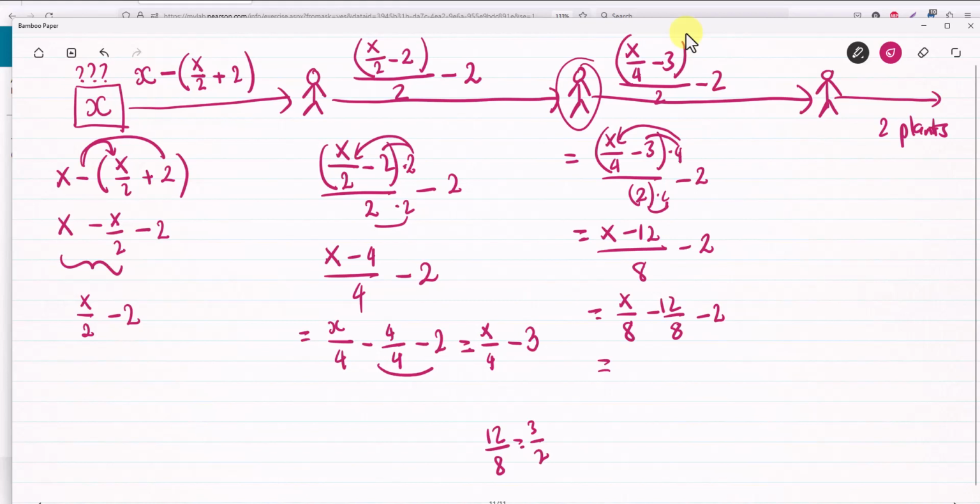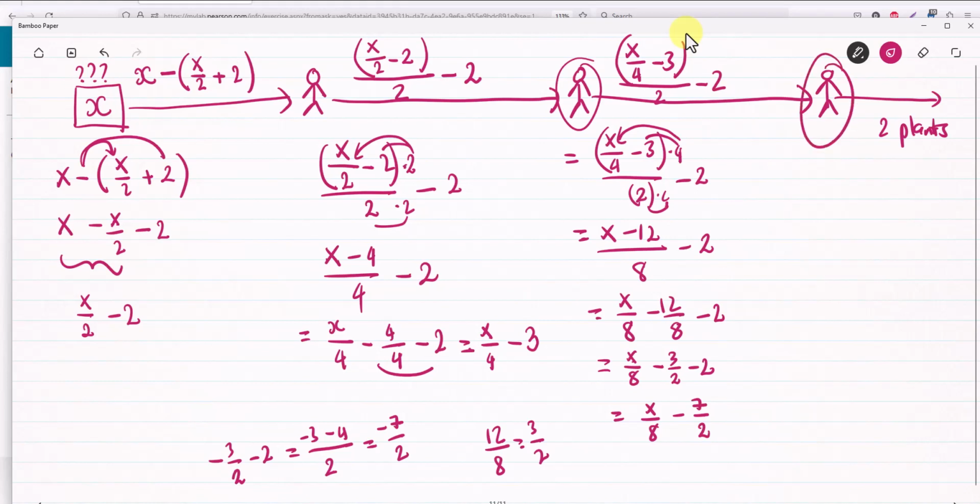Therefore, I have x over 8 minus 3/2 minus 2. The LCD is 2. I have minus 3, and then minus 2 times 2 is minus 4. So that is minus 7/2. I can rewrite this as x over 8 minus 7/2. So after he met the final guard, he only has x over 8 minus 7/2.